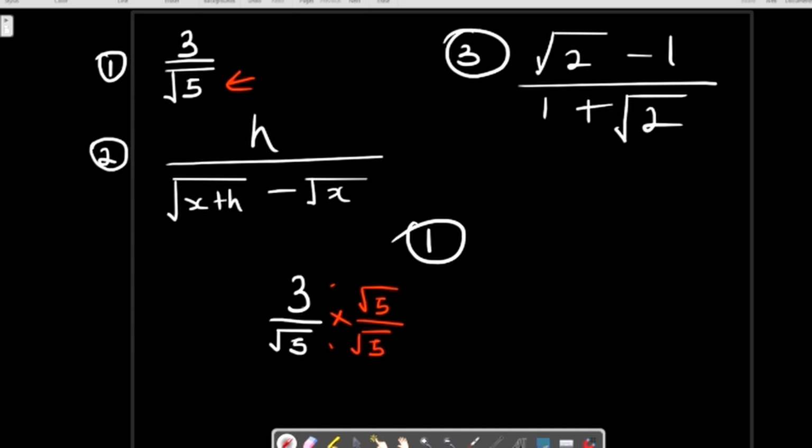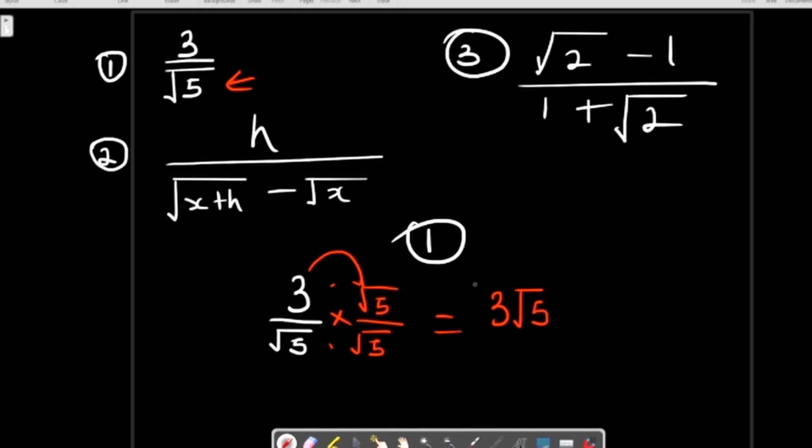We're simply multiplying the left-hand side of this expression by 1, because root 5 over root 5 is equal to 1. They're dividing each other in this case. So we're basically multiplying this expression by 1. Now let's multiply it out. This is going to be equal to 3 times root 5, which will give you 3 roots of 5.